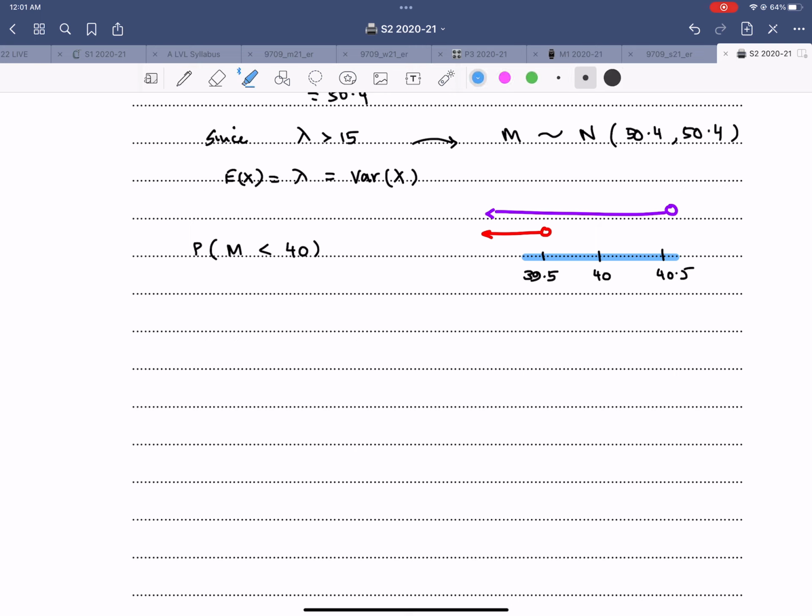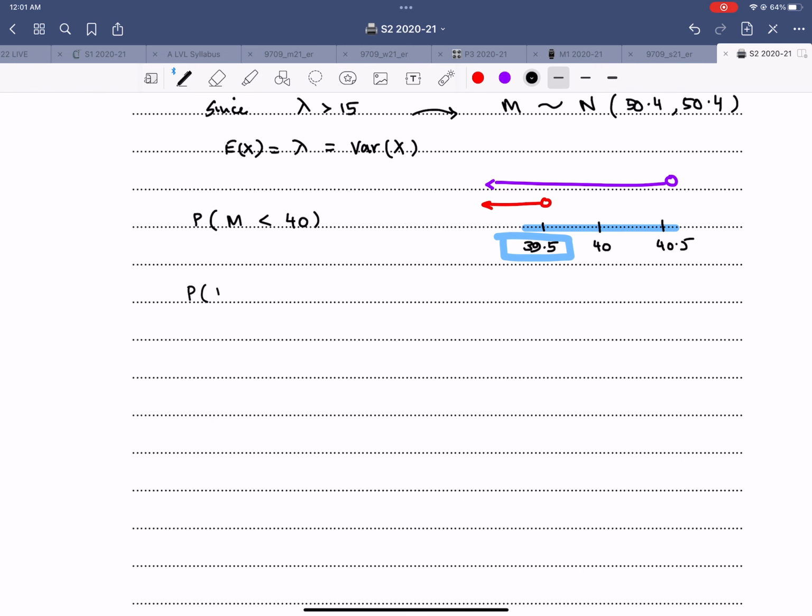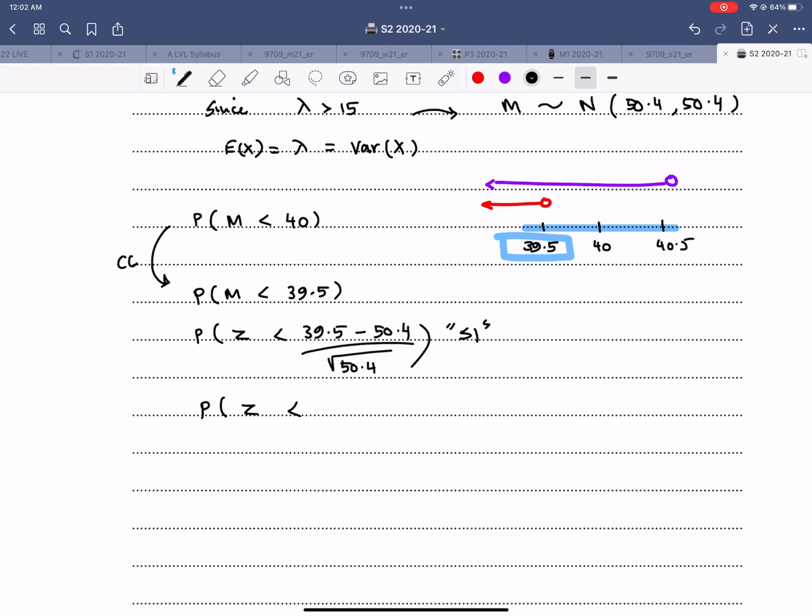So therefore your working is probability M is lesser than 39.5. Tell to the examiner that you have done continuity correction. Probability Z is lesser than 39.5 minus 50.4 and divided by square root of 50.4, and knowledge of S1 is assumed. Probability Z is lesser than, after you do the simplification, that is negative 1.535.